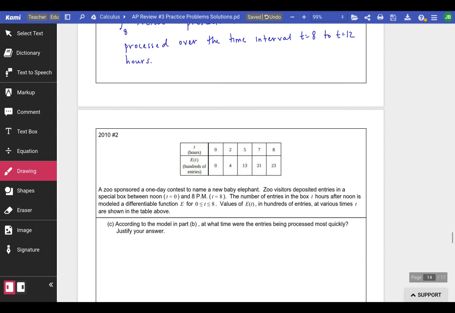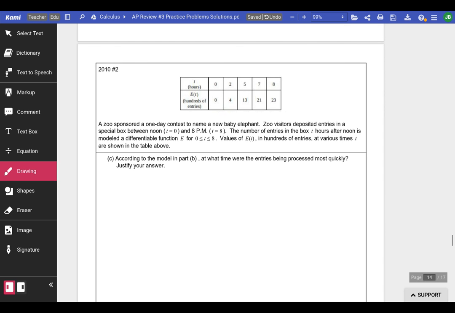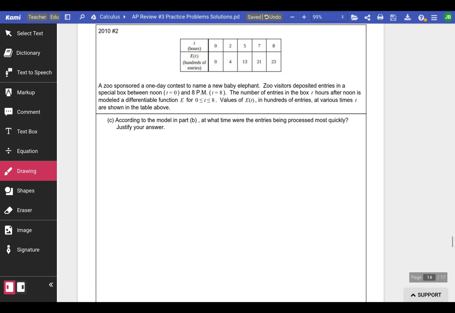The last part says, according to the model in part B, at what time were the entries being processed most quickly? They're looking for the maximum, the absolute maximum of our function.